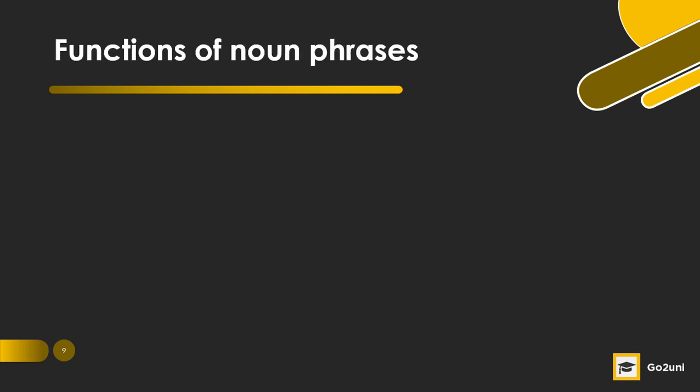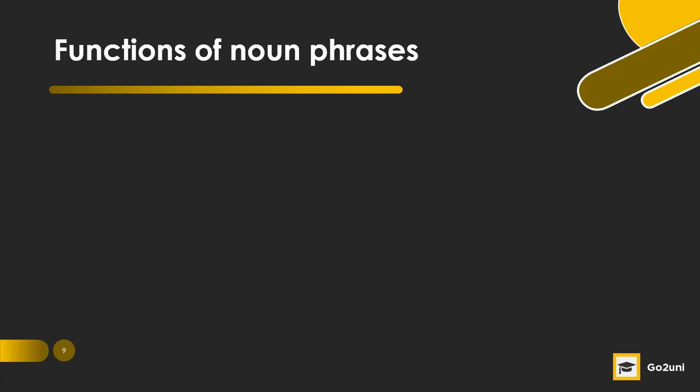We're going to look at functions of noun phrases. I mentioned this earlier on, and I said noun phrases perform the jobs that nouns do in sentences. Of course, in sentences, nouns function as subject, object, and other functions in a sentence structure.